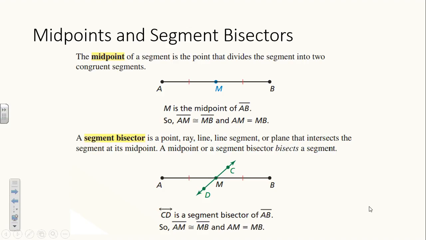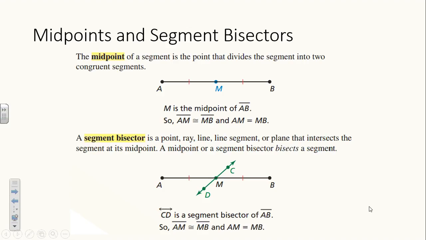A segment bisector is a point, a ray, a line, a segment, or even a plane; some geometric figure that intersects the segment at its midpoint. So lots of things can be a segment bisector, and they intersect that segment at its midpoint.